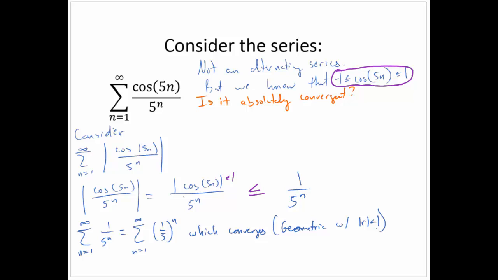So therefore, sigma n equals 1 to infinity of the absolute value of cosine 5n over 5 to the n converges by comparison. Right? We just used the comparison test.